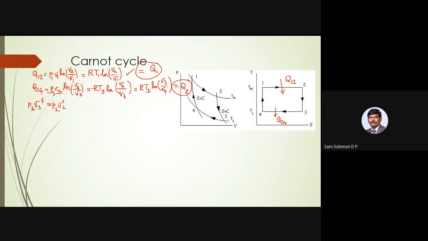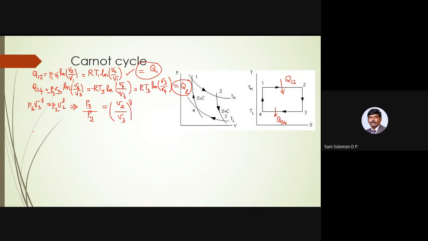And so if we use this particular relationship, then we can rearrange the term and write this as P3 by P2 equal to V2 by V3 whole to the power gamma. This is what we will get.